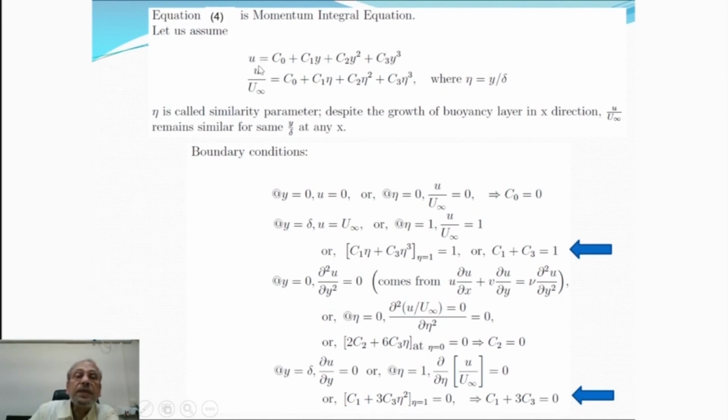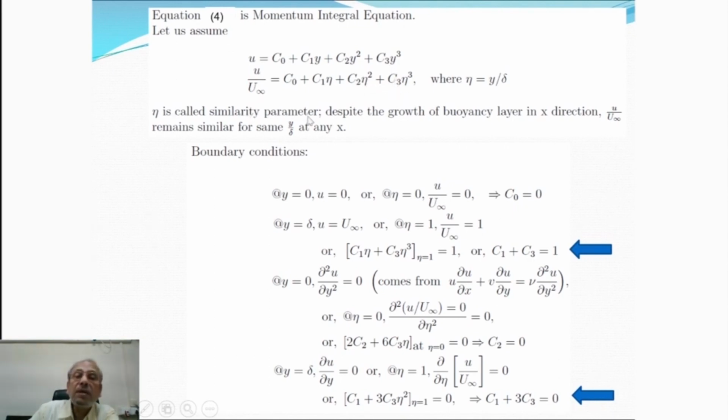We will express both the sides in such a way that it will describe a similarity velocity profile. So u by u infinity equal to c0 plus c1 into eta plus c2 into eta square plus c3 eta cube.